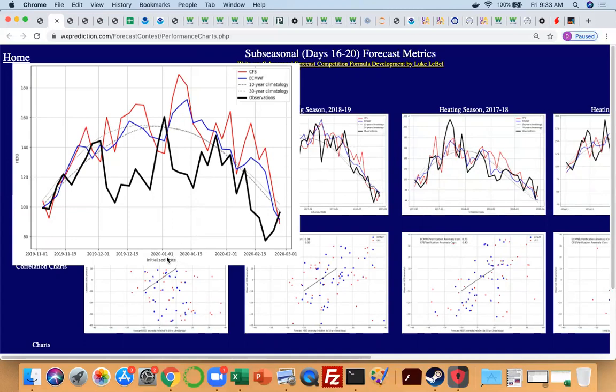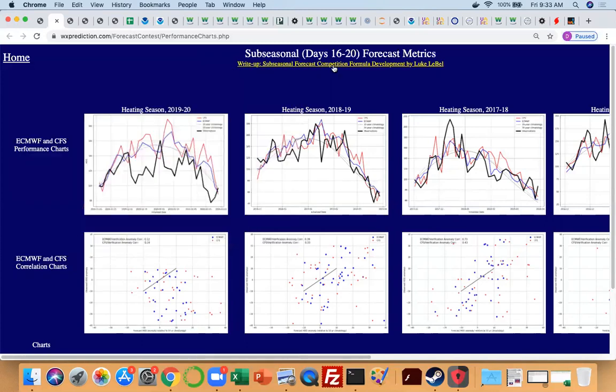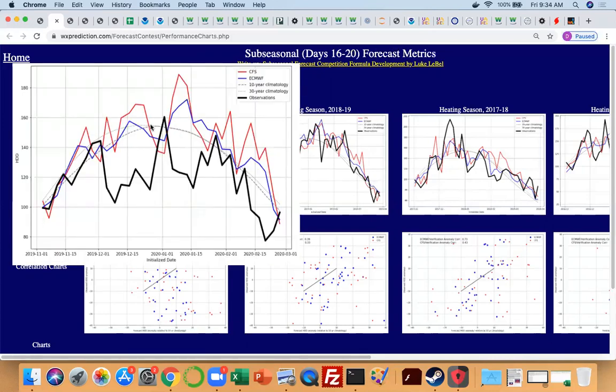These are initialized dates, so the dates the forecasts were made. The Y columns are HDD values. In terms of what's plotted, we have the CFS in red, ECMWF in blue, the 10 and 30-year climatologies, and your observations. And these are for the 16 to 20-day forecasts, subseasonal days 16 to 20.